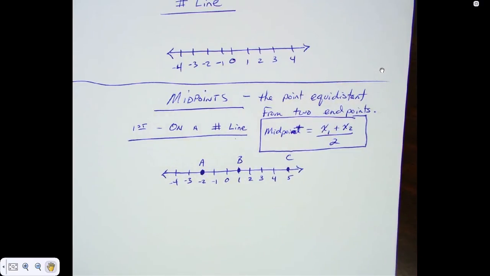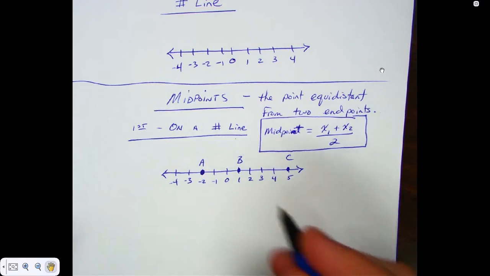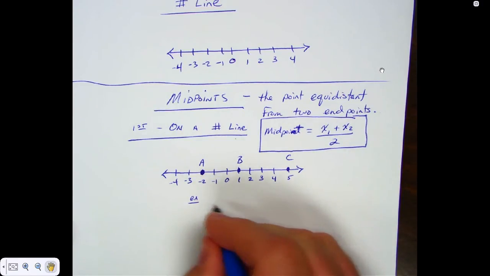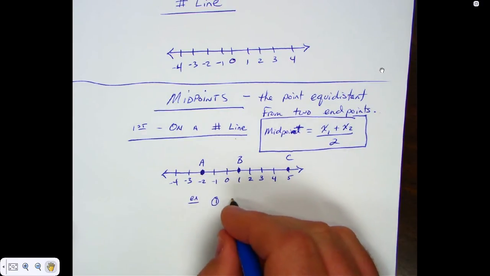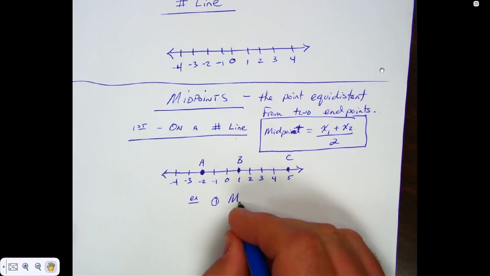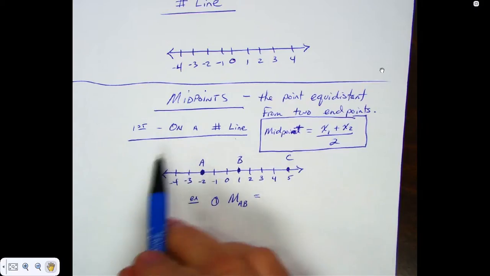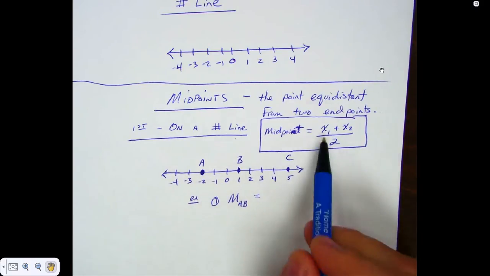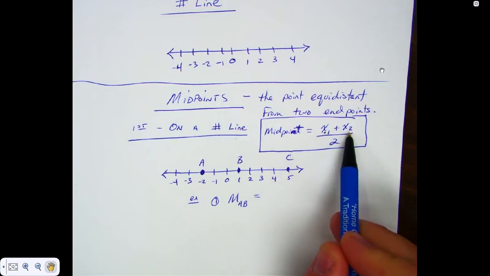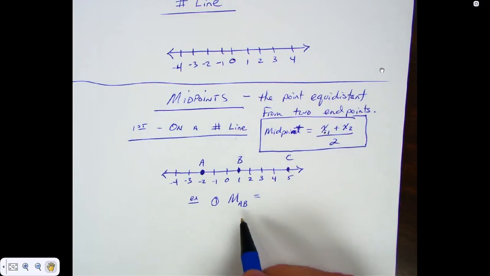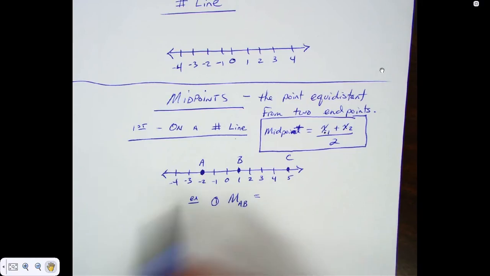What do you think the x1 and x2 mean? Well, let's find the midpoint between A and B. How would I do that? Basically, isn't this just the x-axis? x1 is the coordinate of one endpoint. x2 is the coordinate of the other endpoint. So I want the midpoint between A and B. What are the coordinates of A?